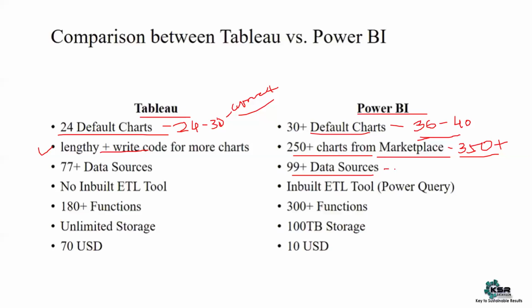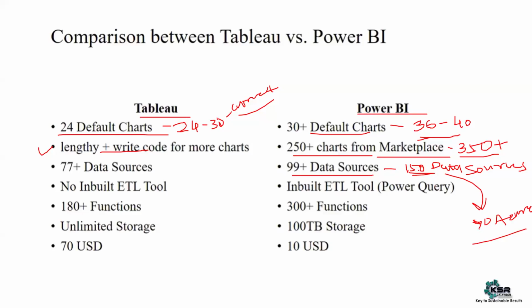Power BI can be connected with 150 different data sources. Now, why 150? I might have said 99 plus, but there are around 150 data sources. Out of 150, around 70 are part of Azure. Every component in Azure can be directly pulled into Power BI, because both are Microsoft products.